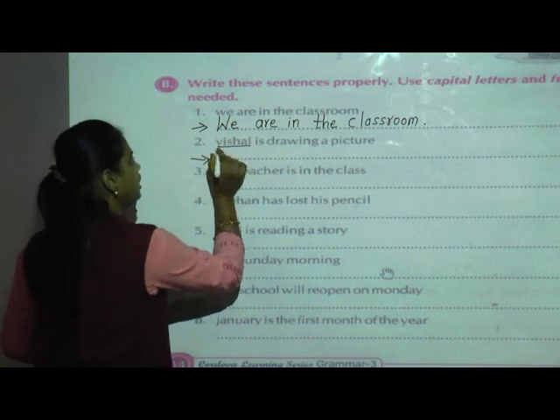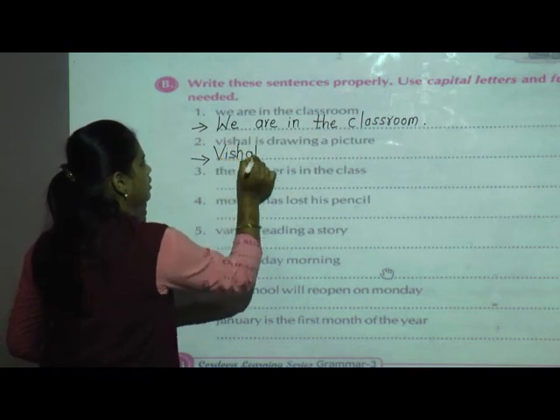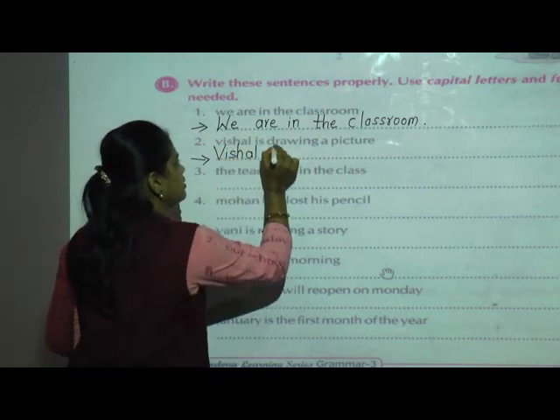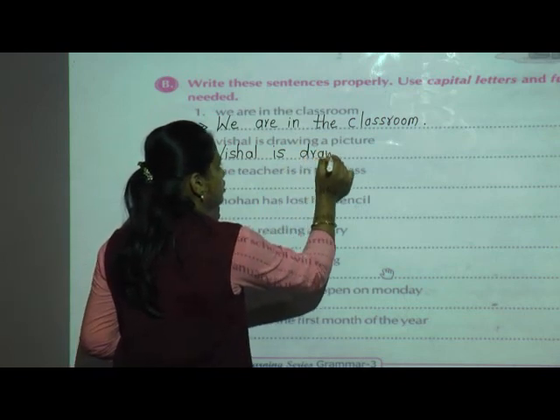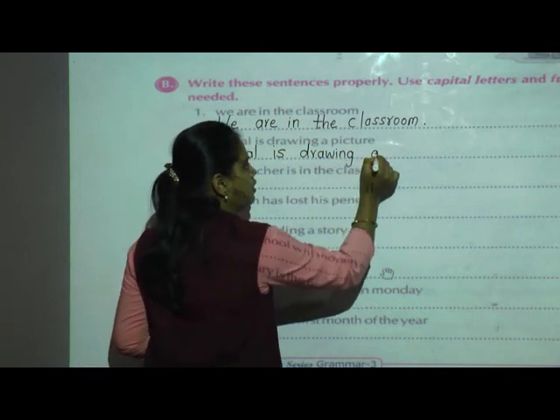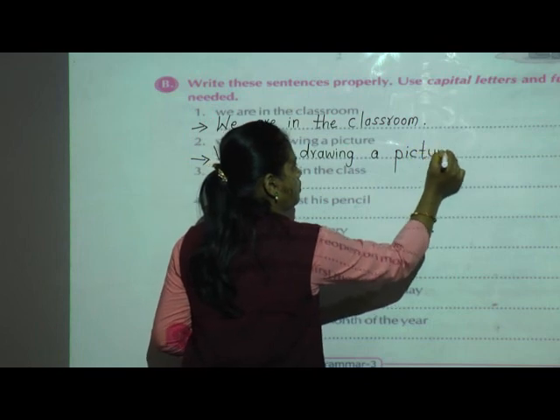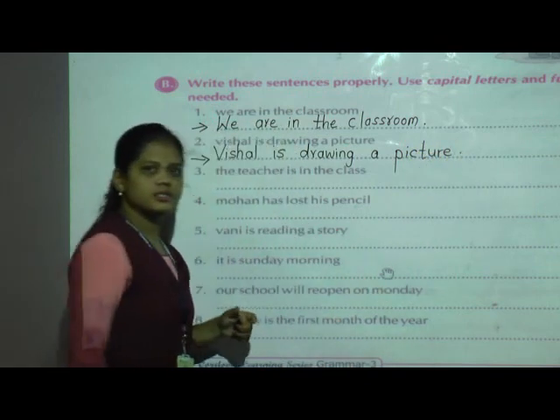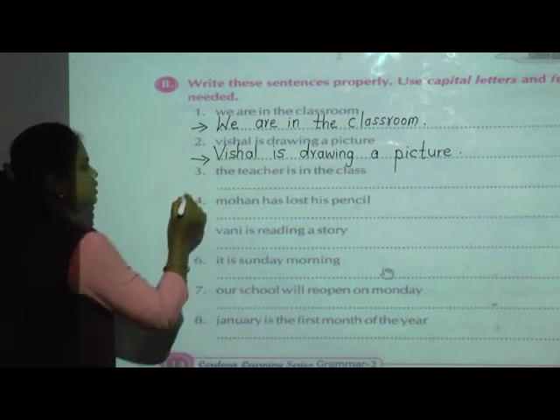So Vishal, we have to write capital. Is drawing a picture. Then end the sentence with the full stop. Okay.